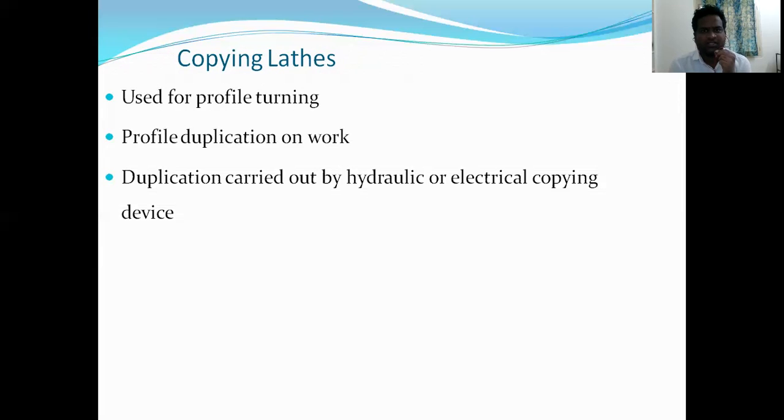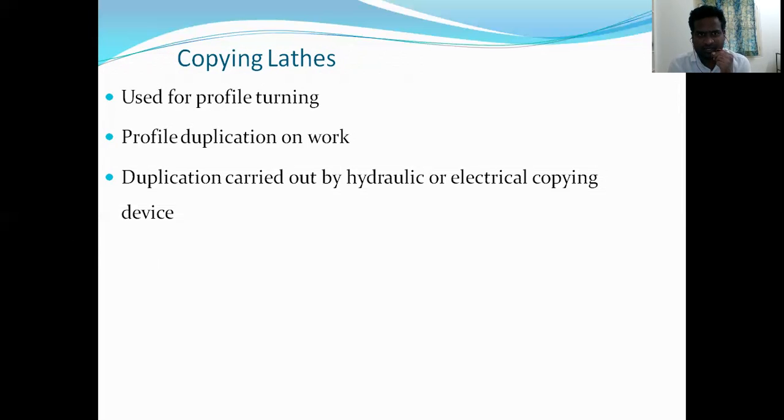This duplication is carried out by hydraulic or electrical copying device. I have told you one attachment is traveled on the profile. Based on the attachment traveled on the profile, our cutting tool is also traveled on the workpiece, similar to that travel movement of that attachment.